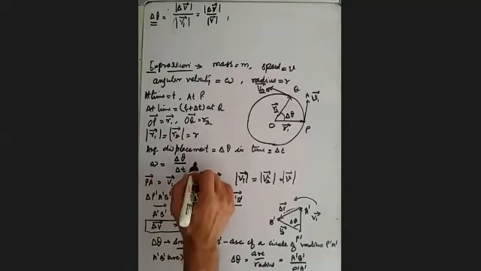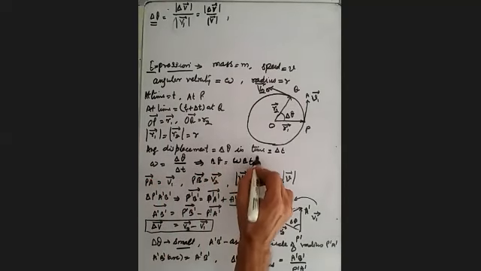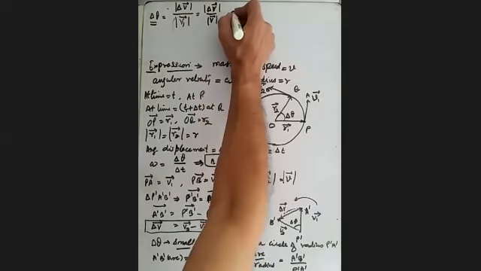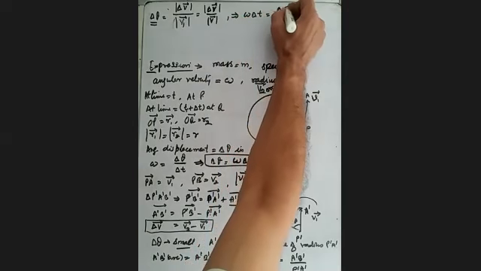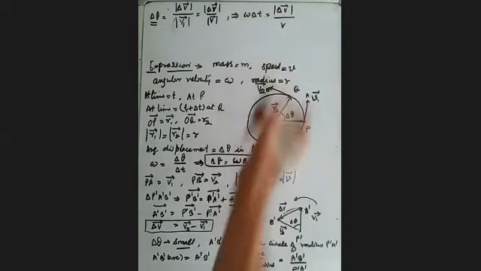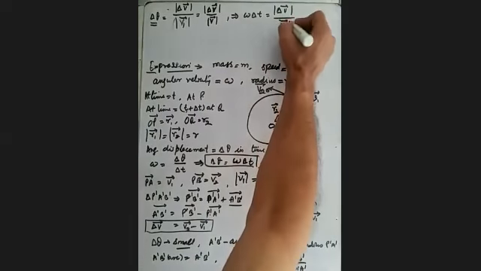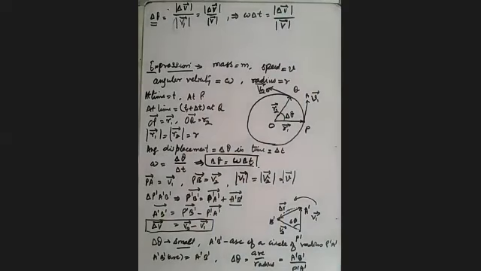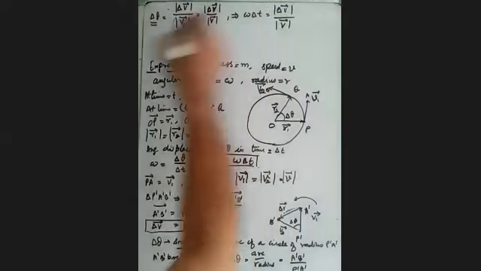From this we get delta theta is equal to omega delta t. So use it here. This implies omega delta t is equal to the magnitude of delta v upon v. For our convenience let us use mod. Now just rearrange.